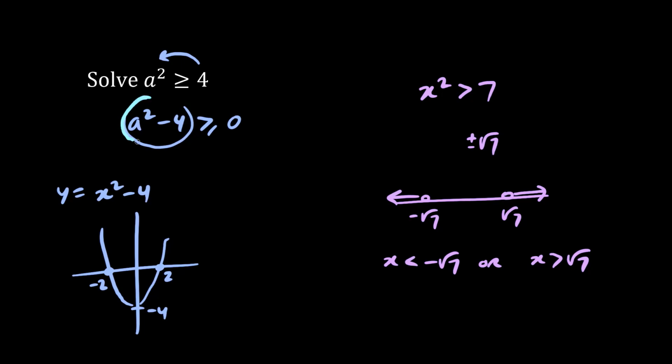And for the parabola to be greater than or equal to 0, we're talking about equal to 0 being sea level or greater than. We're interested in the domain in which the boat is above the water. It's above the water towards the left and towards the right. So indeed, a is less than or equal to negative 2, or a is greater than or equal to 2.